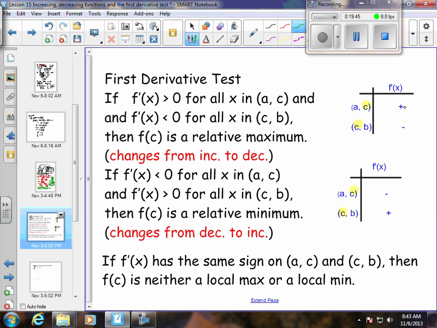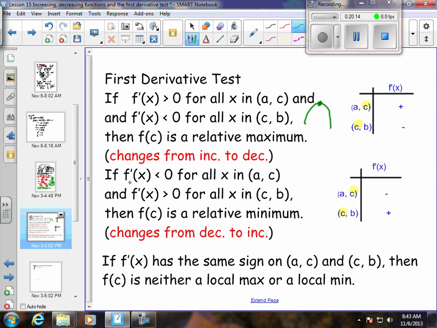If the derivative is positive, the function is increasing, right? So increasing. And then the derivative is negative, so the function decreases. So that point right there is a max. The function changes from increasing to decreasing, or the derivative changes from positive to negative.